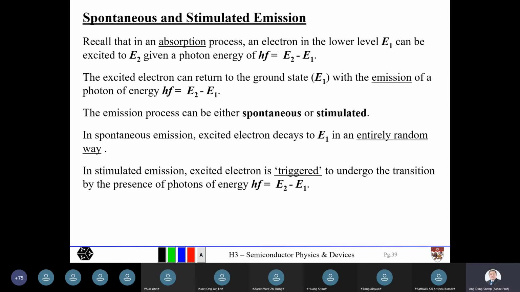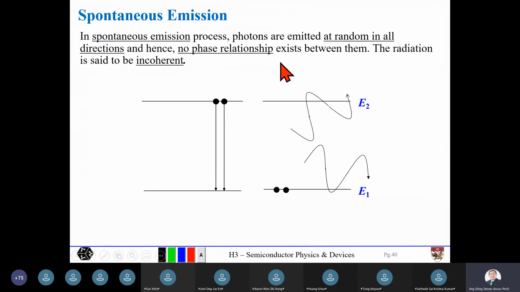Now let's move on to talk about the different kinds of emission besides direct and indirect. Emission can also be classified into two different categories, spontaneous and stimulated. What does spontaneous emission mean? I think I have a diagram.